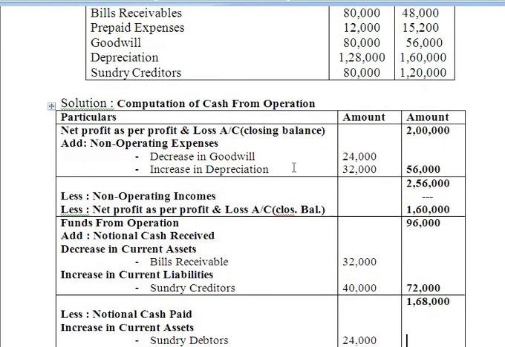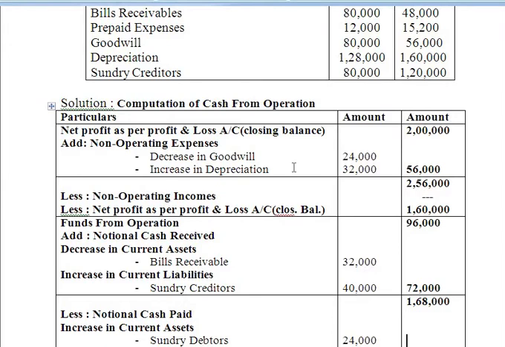First we have taken what? Net profit as per profit and loss account, that is, the closing balance. To the closing balance we have to add all non-operating expenses. Then from this total we have to deduct non-operating incomes and the opening balance of profit and loss account. We get funds from operations. To funds from operations we have to add notional cash received. In notional cash received there will be decrease in current assets and increase in current liabilities.